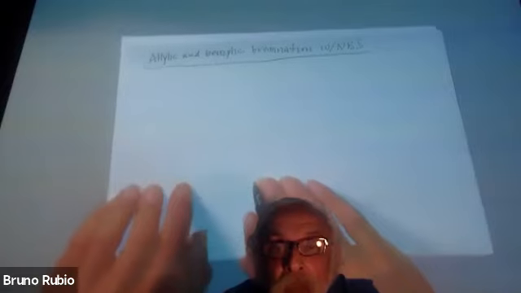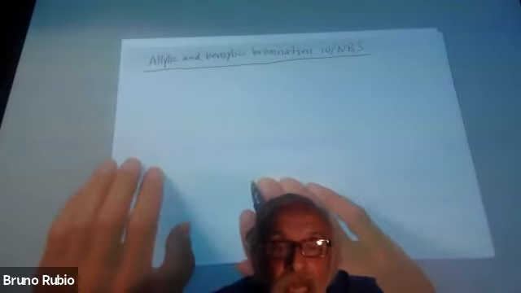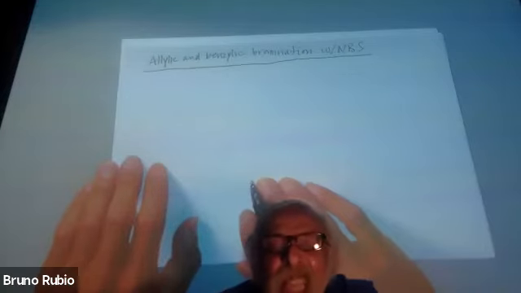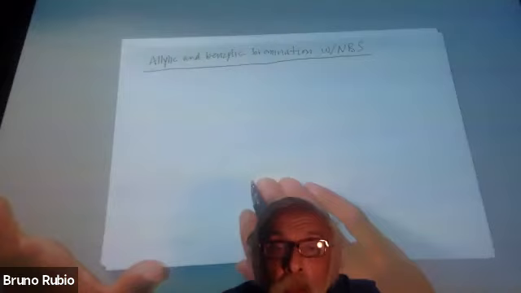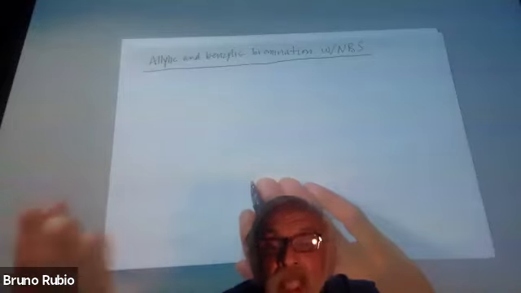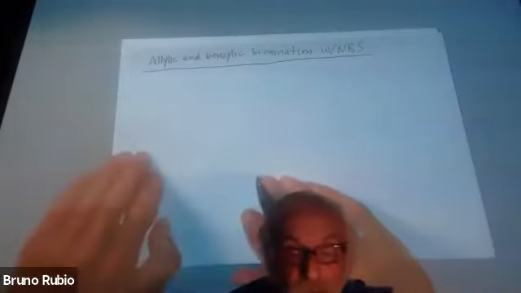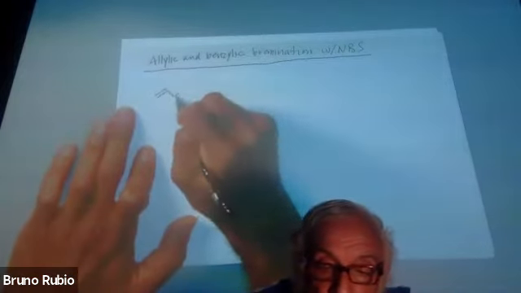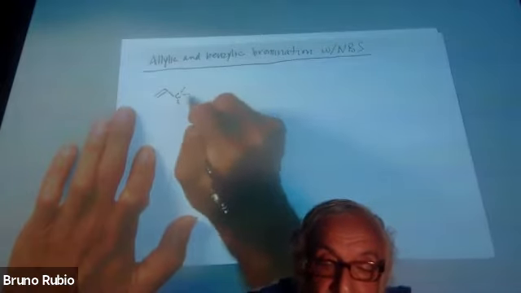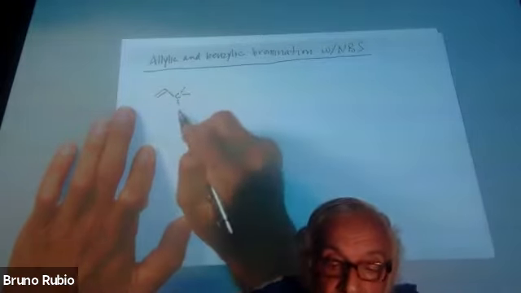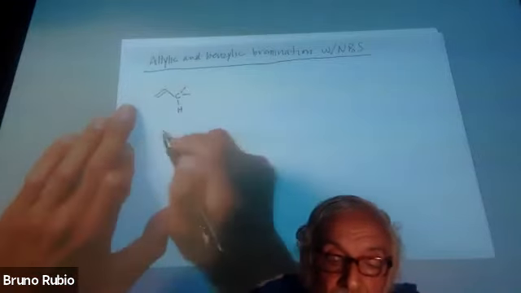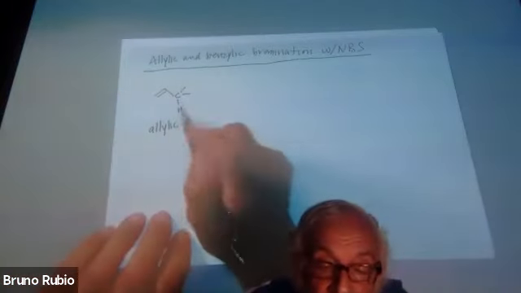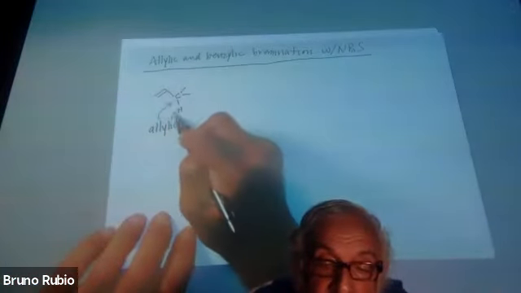So what do these vocabulary words mean? An allylic hydrogen is a hydrogen that is not bonded to a double bond, but it's bonded to a carbon that is bonded to a double bond. So for example, something like this, this is an allylic carbon, and this is an allylic hydrogen.